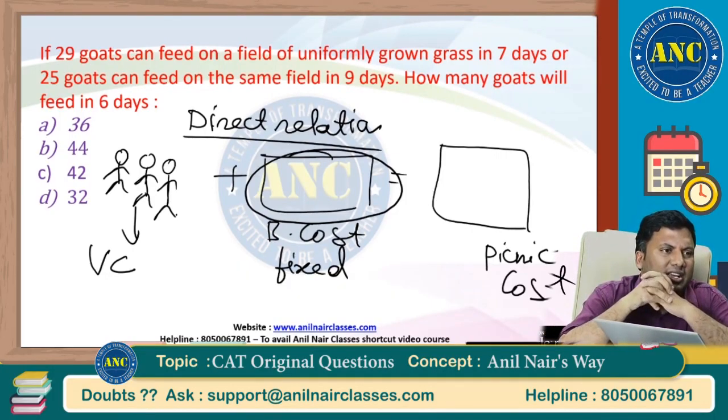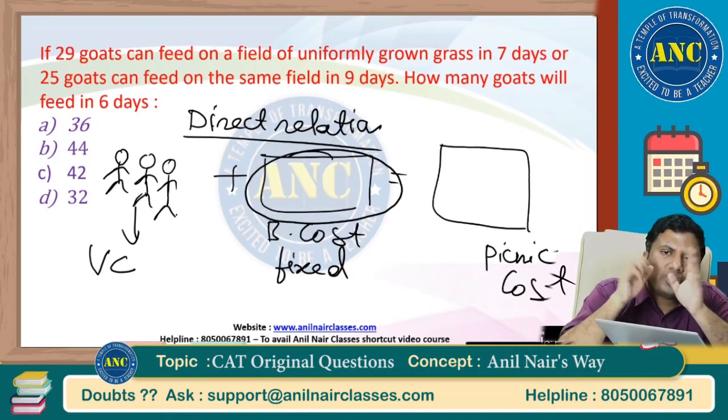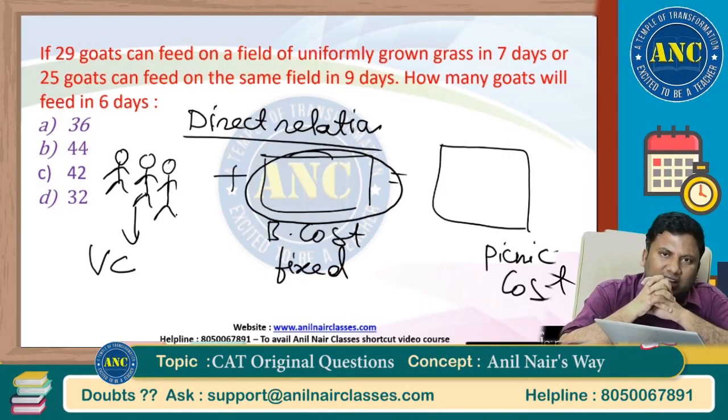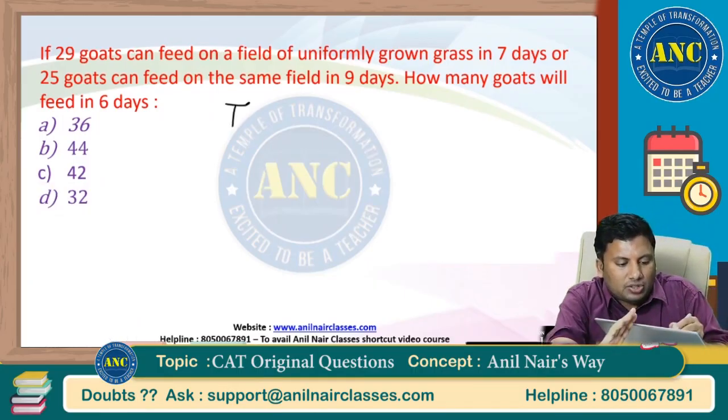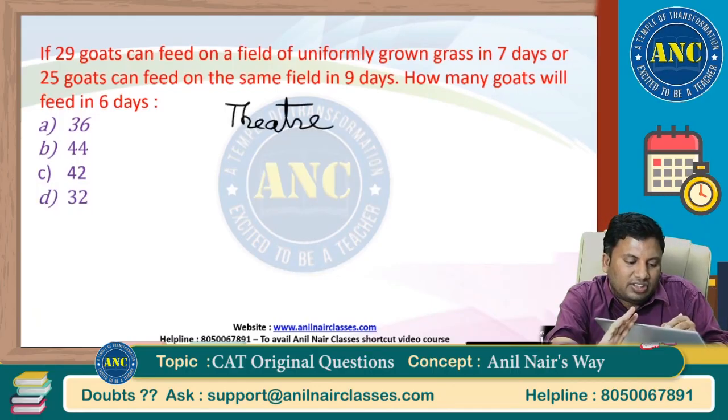Let us take a theater. Suppose in a theater 100 seats are there, and there is a morning show. He has to switch on the AC. That example will be much more clear.